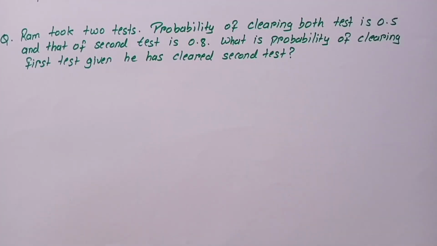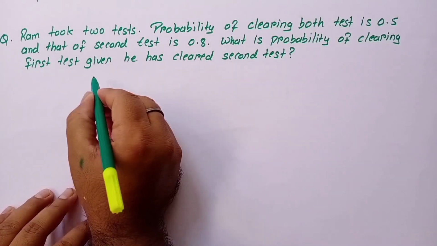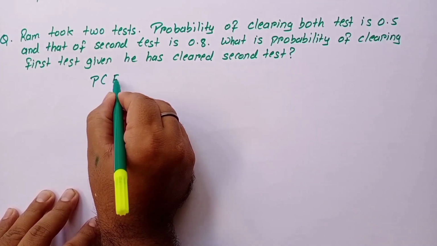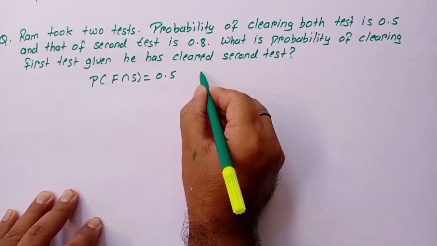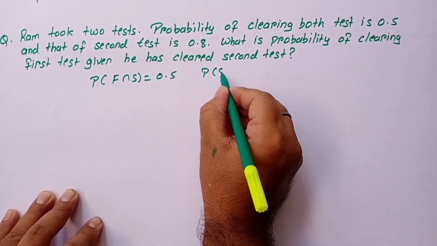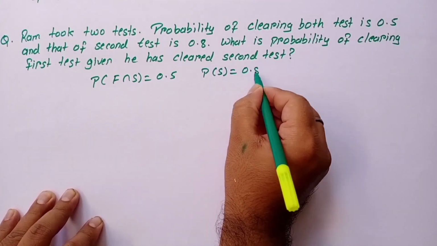The second question is: Ram took 2 tests. The probability of clearing both tests is 0.5 and that of the second test is 0.8. What is the probability of clearing the first test given he has cleared the second test? Here, the probability of clearing both the first and second test is 0.5, and the probability of clearing the second test is 0.8.